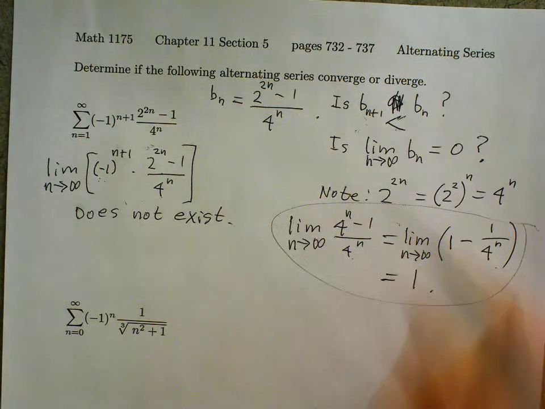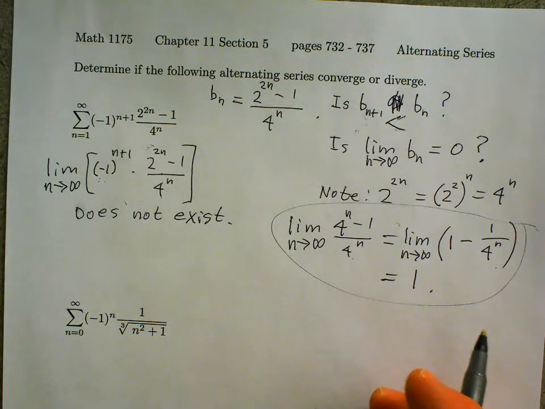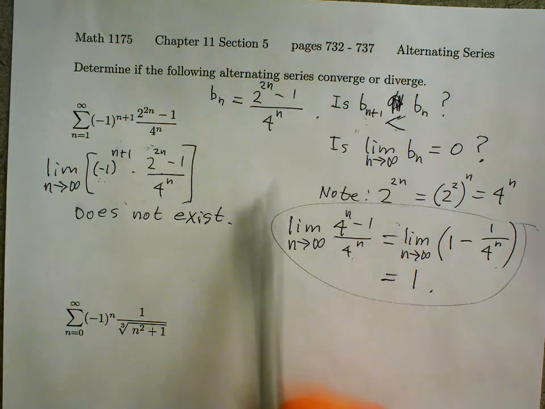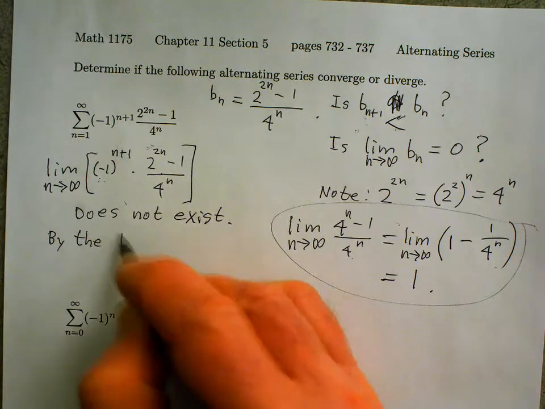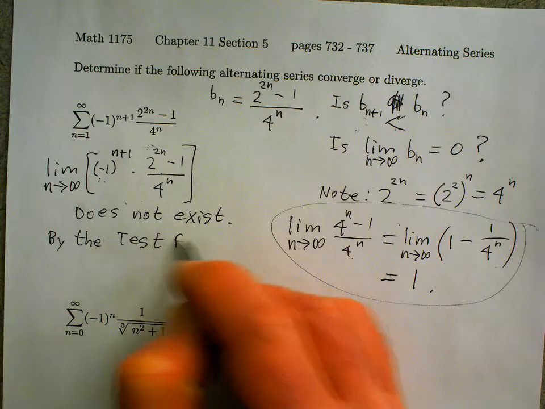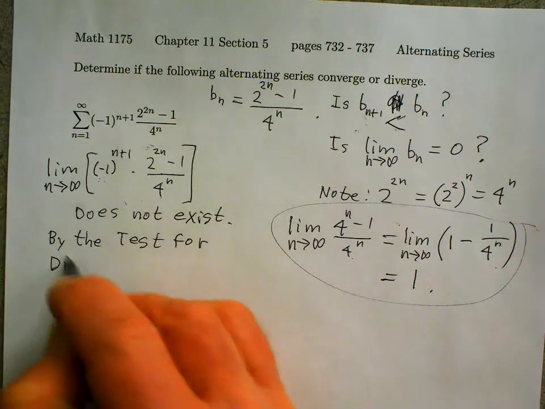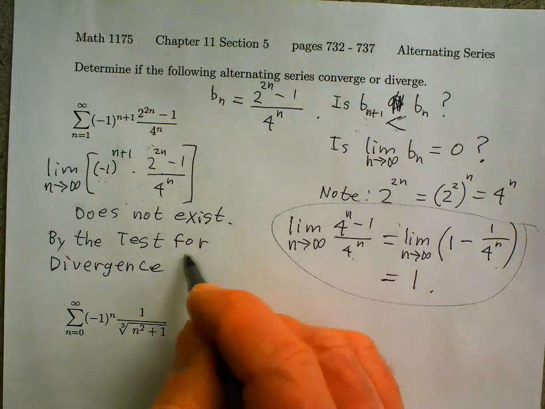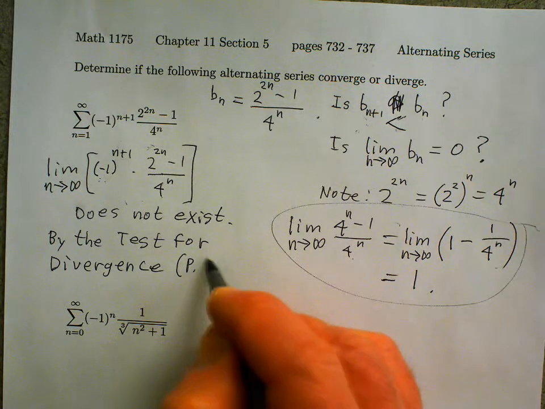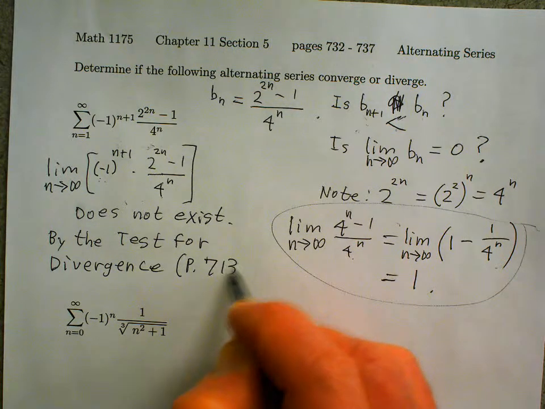And so we can use the test for divergence to conclude that the infinite series is divergent. If you need to review that, that's on page 713 in the textbook.